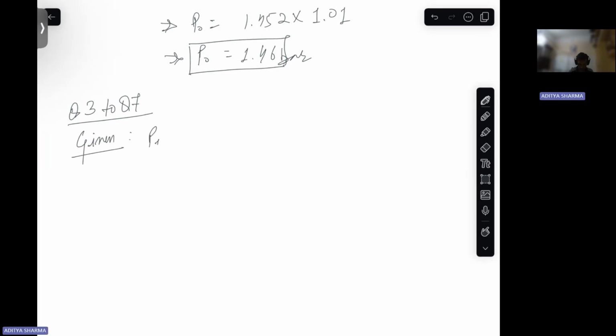Given is the inlet pressure for the compressor is 1 bar. Inlet temperature is 310 Kelvin. Pressure ratio combined for both the compressors is 7.